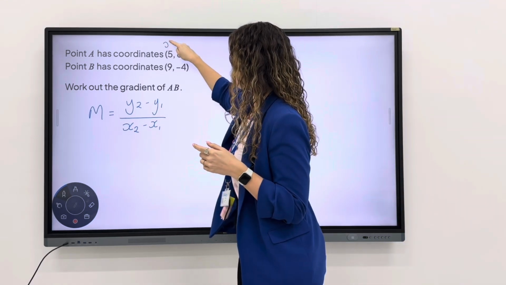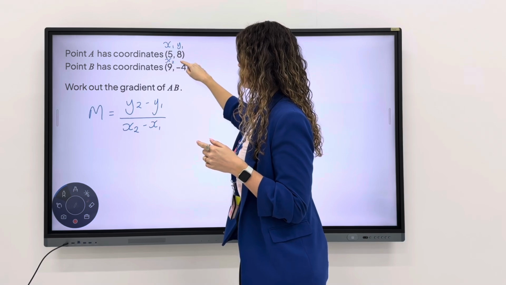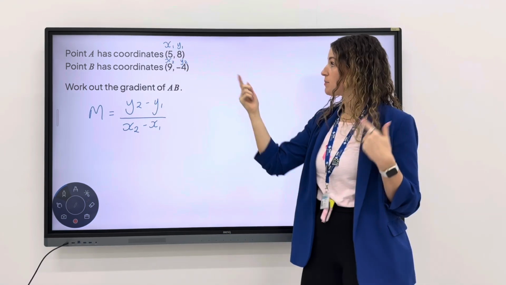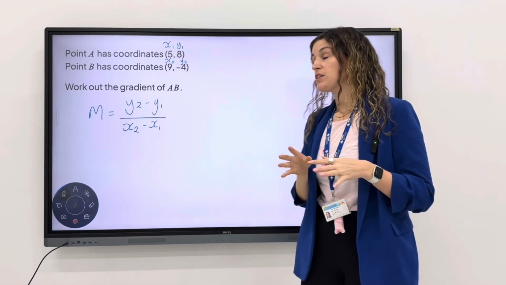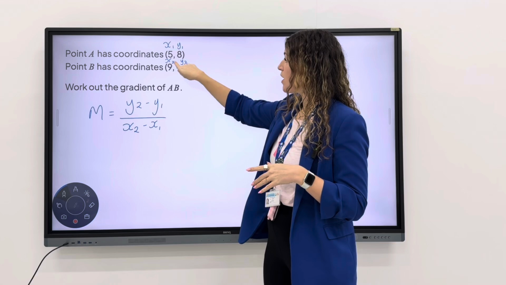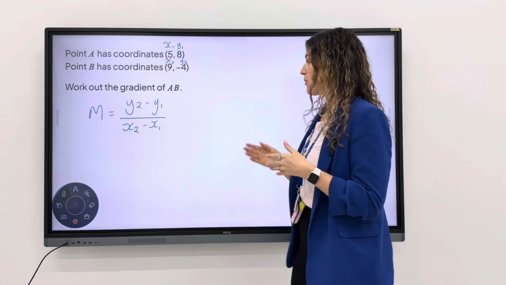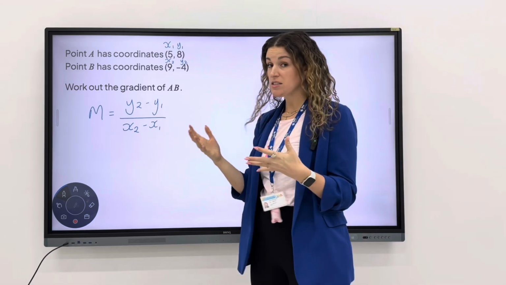So we're going to go for x1, y1, and then x2, y2. Now, lots of times I get asked, does it matter which way round you do this? No, it doesn't. The only thing that matters is that your x2 is with your y2, okay, and your x1 with your y1. And then we just have a substitution process to go through.